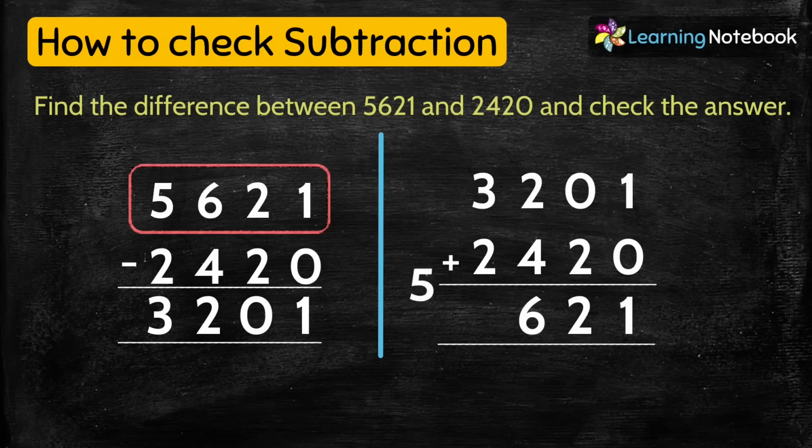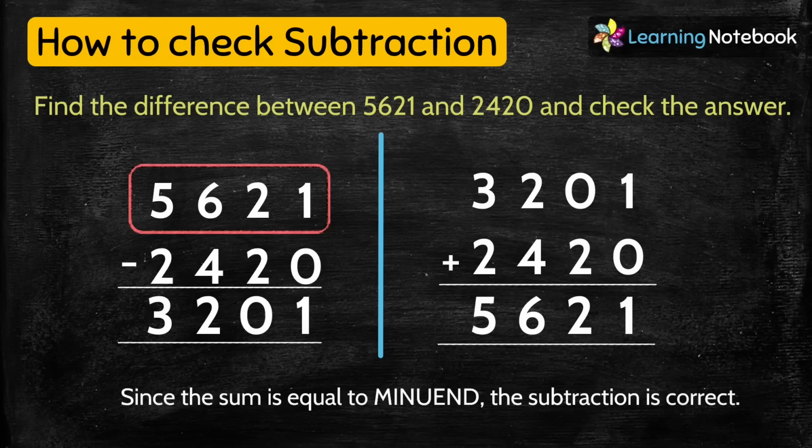And 3 plus 2 equals 5. Now, since the sum is equal to the minuend, it means our subtraction is correct. So students, this is how we check subtraction with the help of addition.